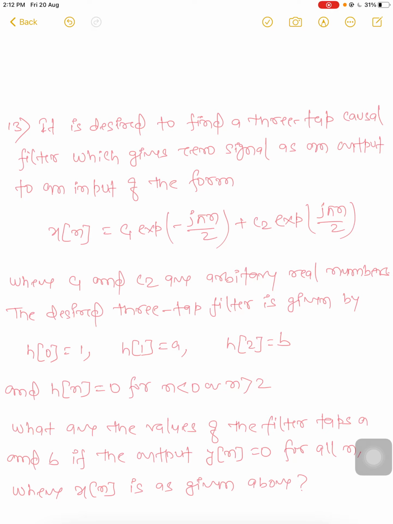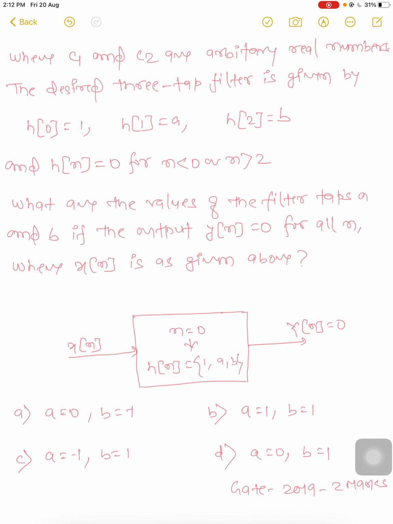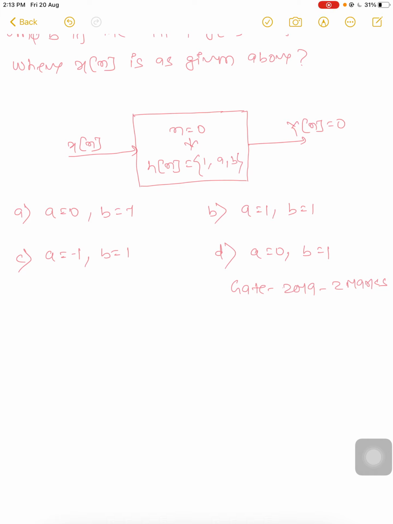The desired 3-tap filter is given by h[0] = 1, h[1] = a, h[2] = b, and h[n] = 0 for n less than 0 and n greater than 2. What are the values of the filter taps a and b if the output y[n] is equal to 0 for all n, where x[n] is given above? We have to find the a and b values.